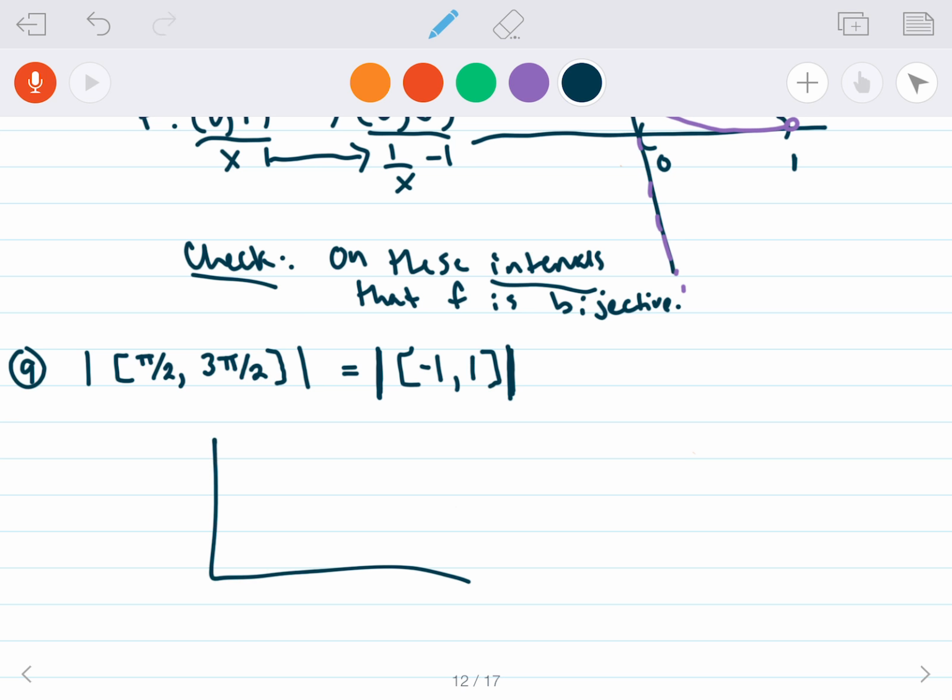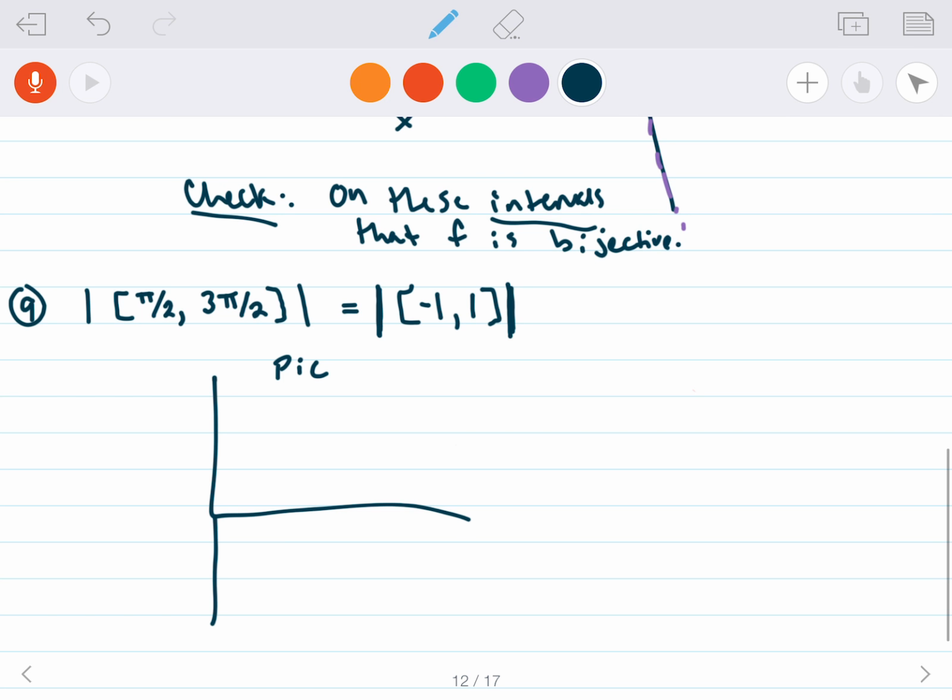So if I draw my picture, I'm going from, well, actually I'm going to include it here, pi over 2 to 3 pi over 2, with a range from -1 to 1.